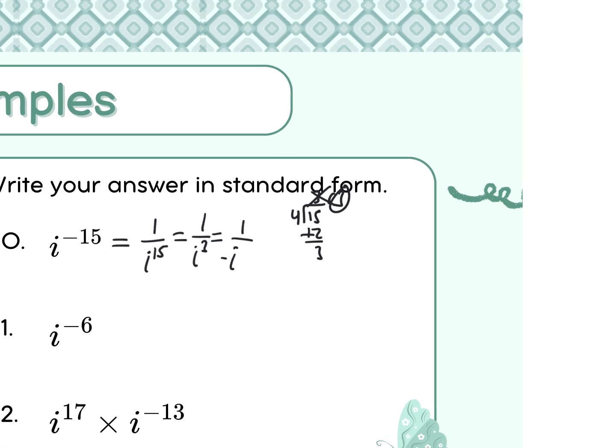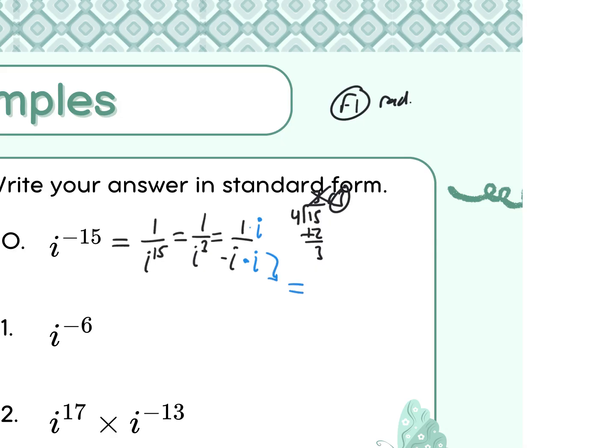Keep in mind, though, i is the same as the square root of negative 1, right? And the square root of negative 1 is a radical, and I don't want radicals in the bottom. So to get rid of that radical in the bottom, I'm going to multiply by i on the top and on the bottom just to rationalize that denominator, right? Make it a whole number, all right? And that's going to, let me write that down here.